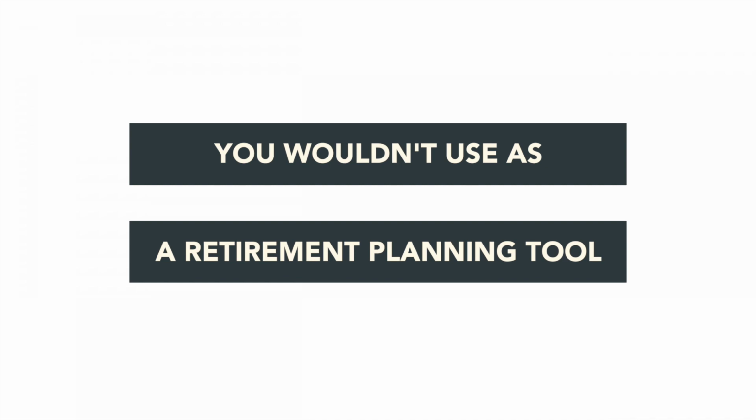And another difference between a variable annuity in comparison to a fixed annuity is that a variable annuity you would not use as a retirement planning tool to add on to that steady income, that Social Security income, that pension income that we talked about earlier.